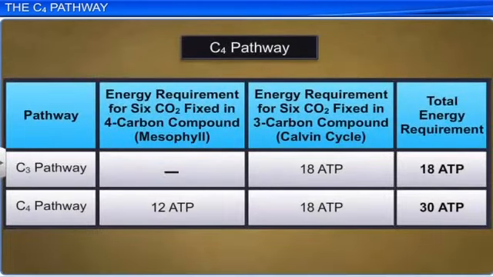When we include the ATPs used in the Calvin cycle to the total ATPs used, the count goes up to 30, which are 12 more than in the C3 pathway. Though the C4 pathway is quite expensive, it is an efficient method of carbon fixation for plants living in hot and dry conditions.